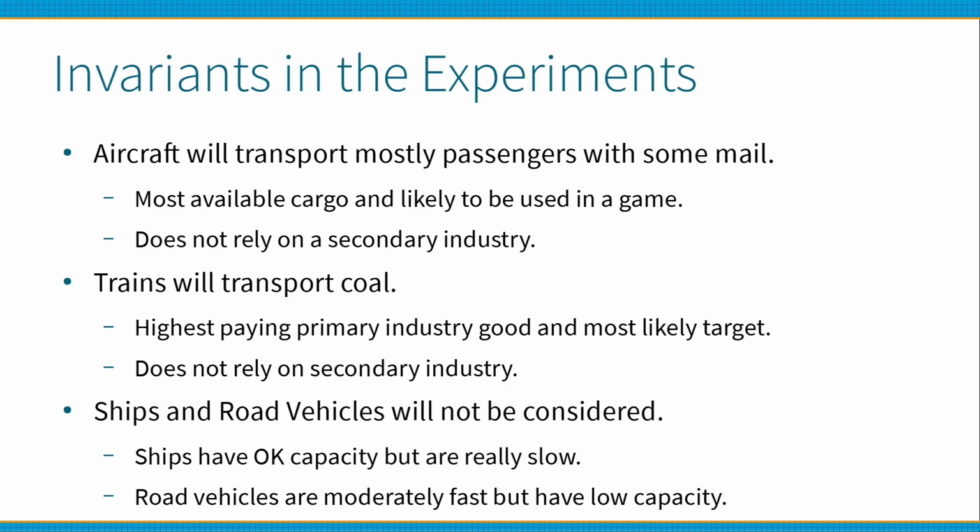Trains will transport coal for the same reason, and also because they get the best bang for buck here. As far as ships and road vehicles, we're not considering them because even though ships have good capacity, they take months sometimes. It might even take more than the year. Road vehicles are maybe on par with trains, but their capacity is not good, so we're not going to consider them either.